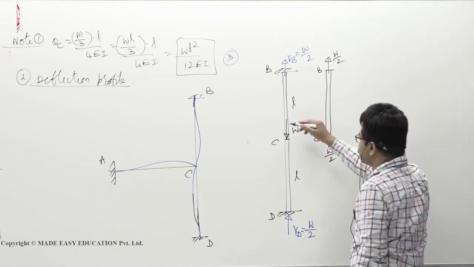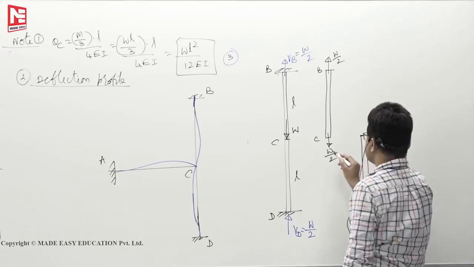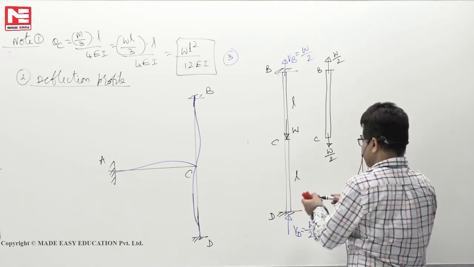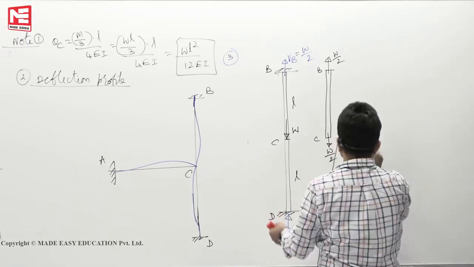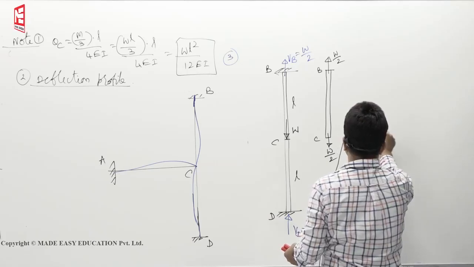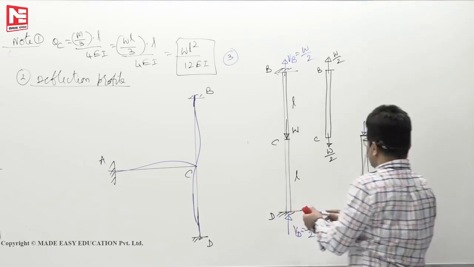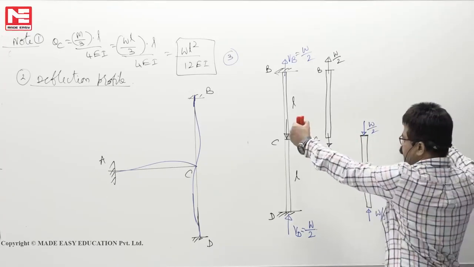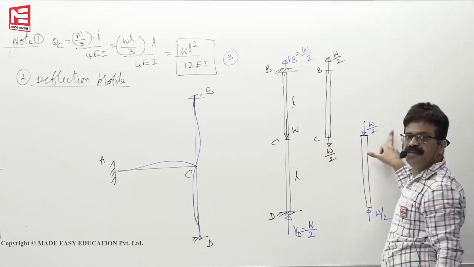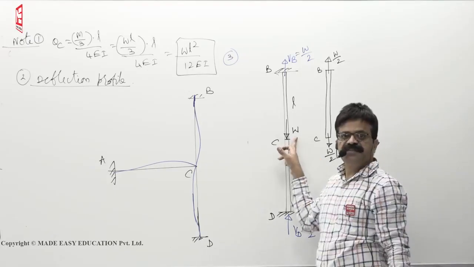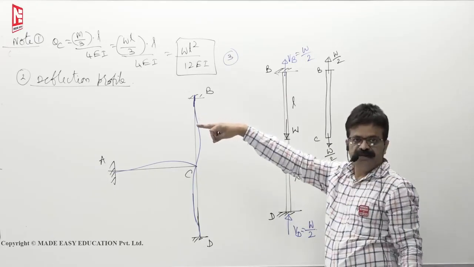Your W is shared by these two members like this. Half this fellow has taken, the remaining half this fellow will take. W by 2, W by 2. Now these two free body diagrams, if you combine them, W by 2 plus W by 2 is W, it will match with this one. Similar to your earlier problem I told you.